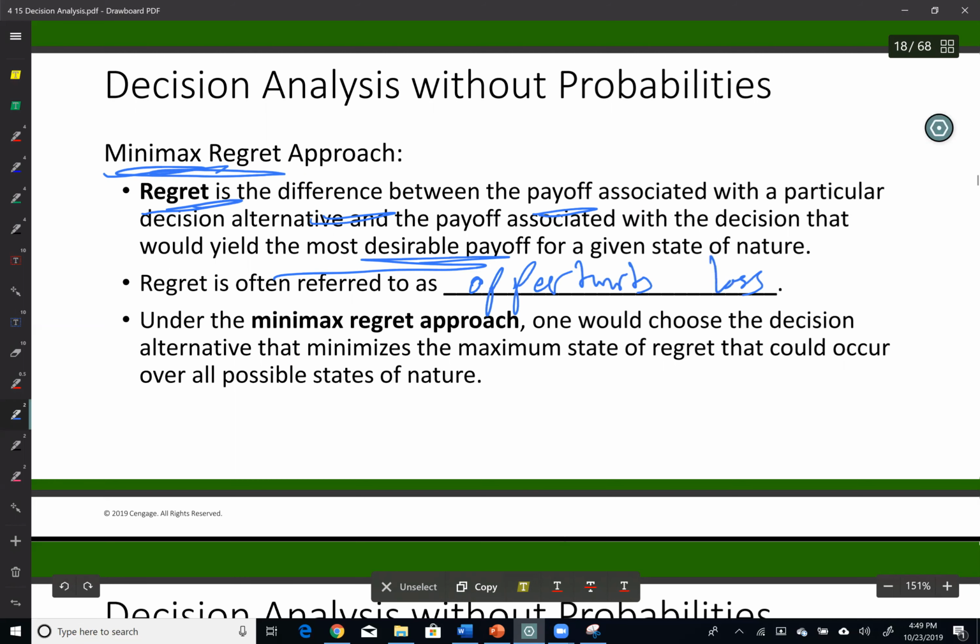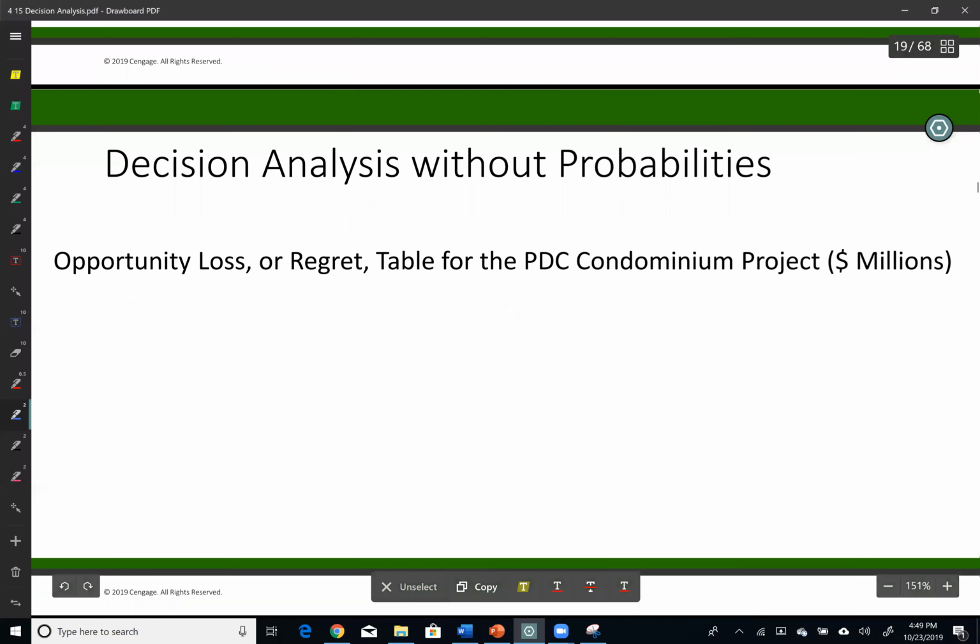All right, so let's calculate these opportunity losses and see the maximum regrets. Again, I have decision 1, small, decision 2, medium, and decision 3, large condo projects. And I have strong demand and weak demand scenarios. And let's calculate the regret for strong and decision 1.